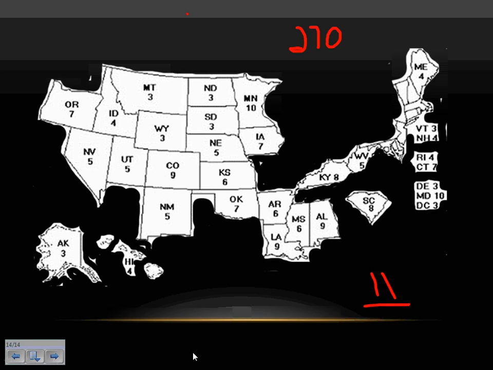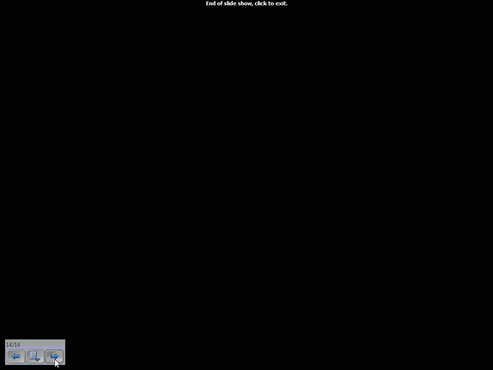It is quite conceivable that 39 states could vote against you, but if you choose California, Florida, Texas, New York, if you get the correct 11 states, you get 270, you become president. Just a quick overview of the Electoral College.